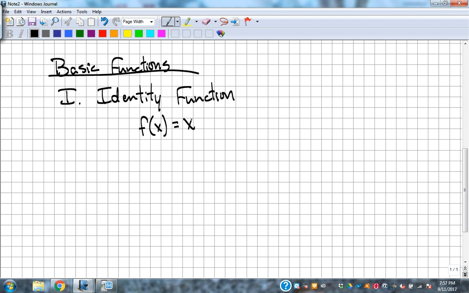The equation for that is f of x equals x. The domain is negative infinity to positive infinity. The range, the same.